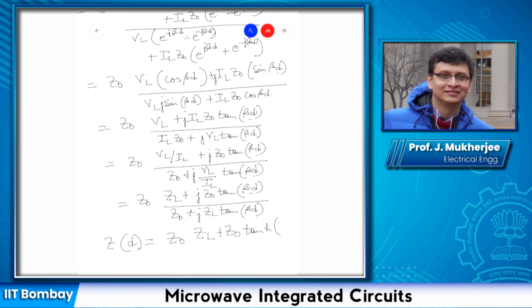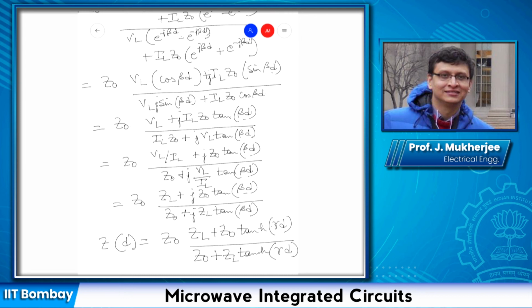So instead of tan, it will be replaced by tan hyperbolic, and instead of j beta, this j would not be here, this beta would be replaced by this gamma, and the denominator would have been so. What do we see from this equation?